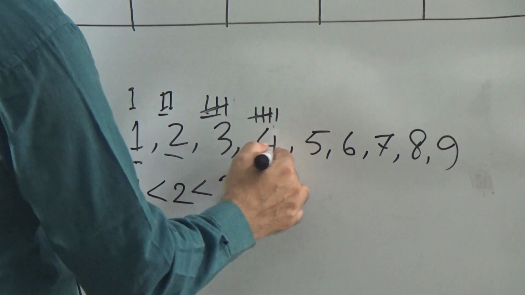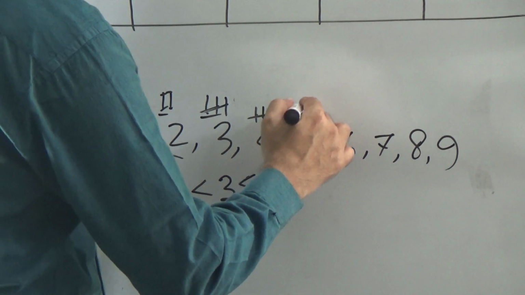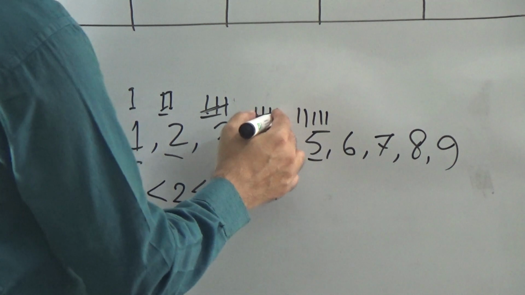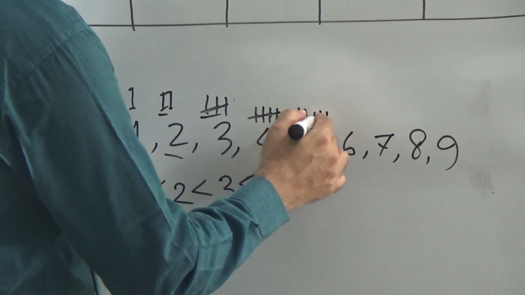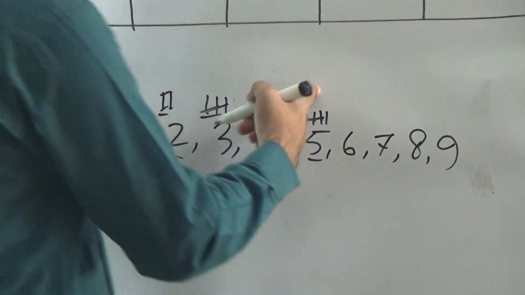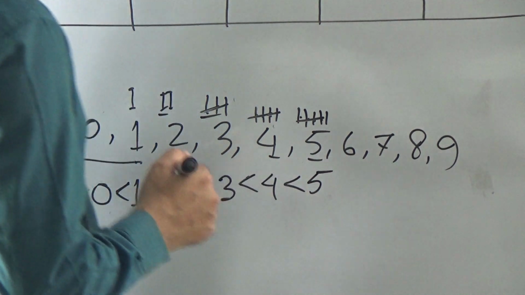Then we have to compare 4 and 5. Now see, 5 means 5 lines: 1, 2, 3, 4, 5. Now take 4: 1, 2, 3, 4. Here is 1 line more. So 4 is smaller than 5.